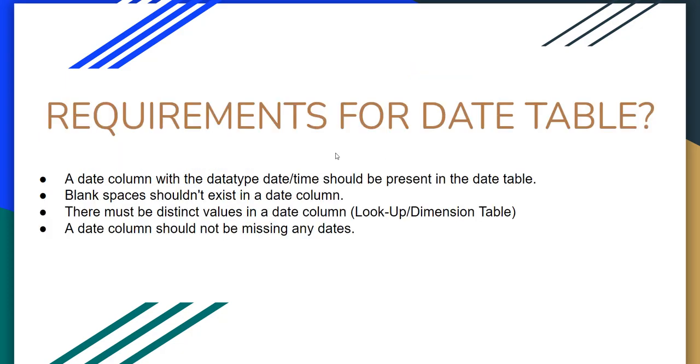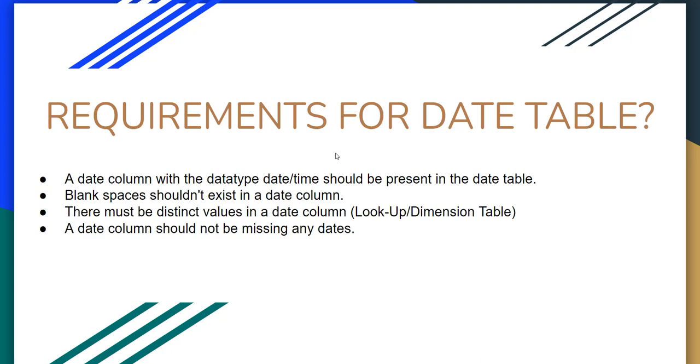In creating a date table, the requirements are that the date table should have a date-time column. It must be present in your date table. There shouldn't be blank spaces, and there shouldn't be missing dates in your date table. It means if I have a date table, for instance, for the year 2015, this is just an example, no day in 2015 should be missing.